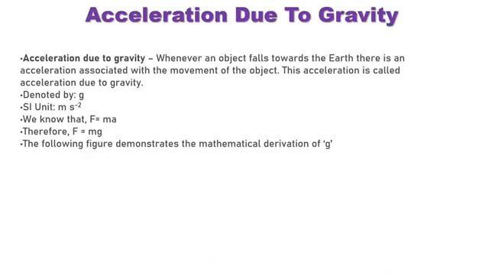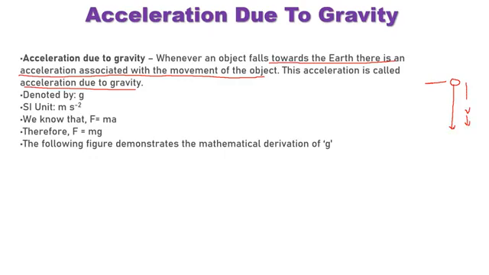Now what is the definition of acceleration due to gravity? Whenever an object falls towards the earth, there is an acceleration associated with the movement of the object. This acceleration is called acceleration due to gravity, because when an object is allowed to fall, the change in the velocity is increasing.